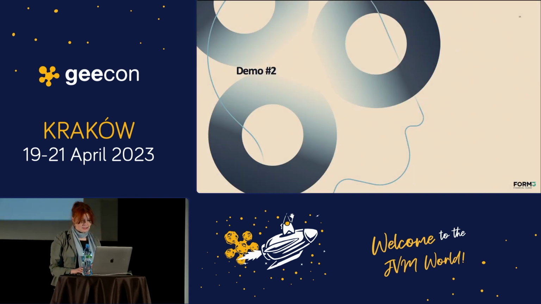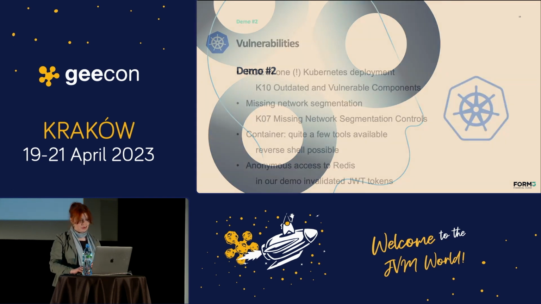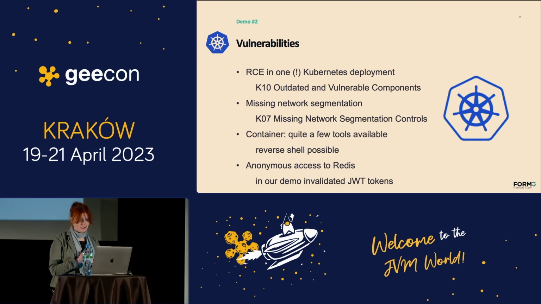And let's see what this time went wrong with our application and cluster. So we had quite a few issues in our second demo as well. First of all, remote code execution in one Kubernetes deployment could lead to a compromise of another application, only because both applications run in the same cluster.